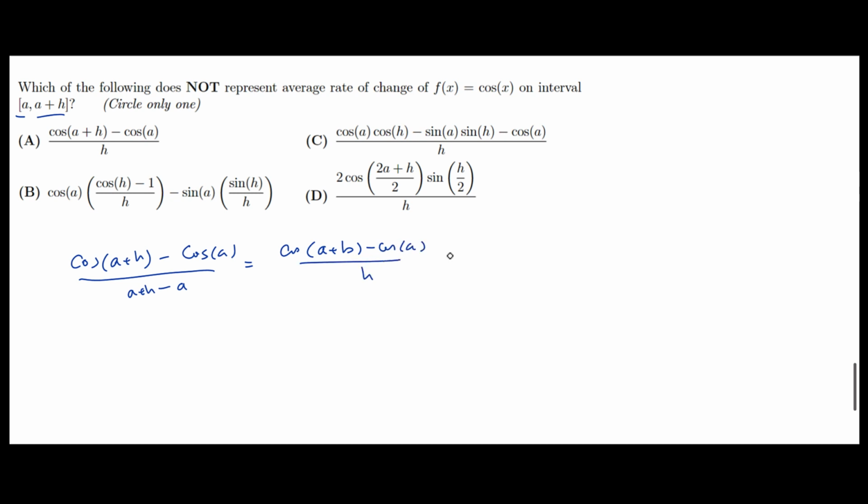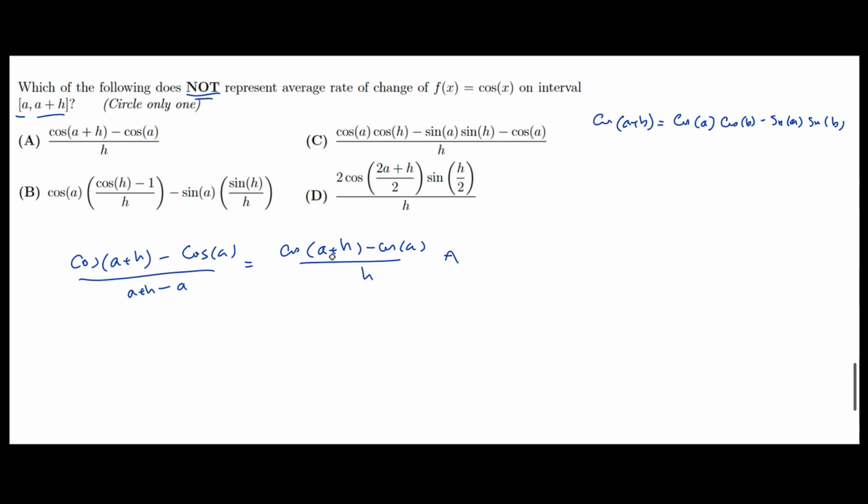That's a. So a is not the answer that we want to give, because this is asking for which does not represent. The next thing is that I try to use the sum identity. Cosine of a plus b is equal to cosine of a times cosine of b minus sine of a sine of b.